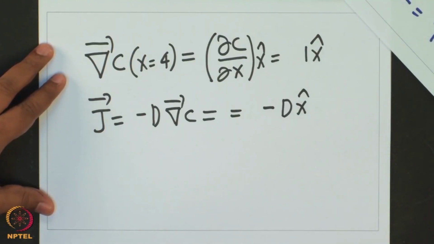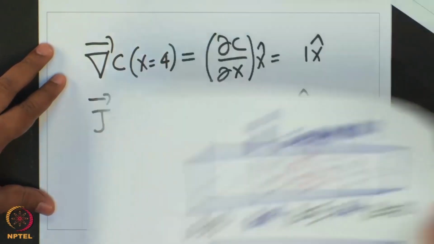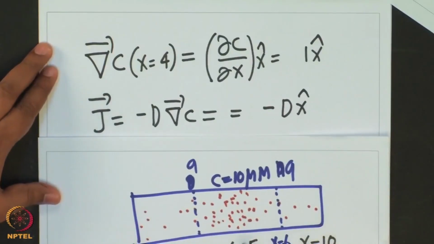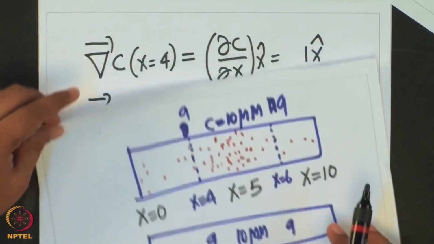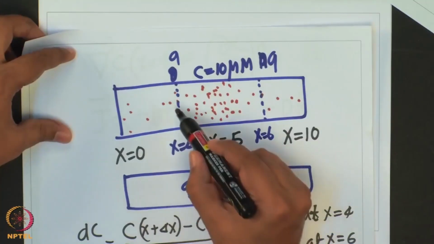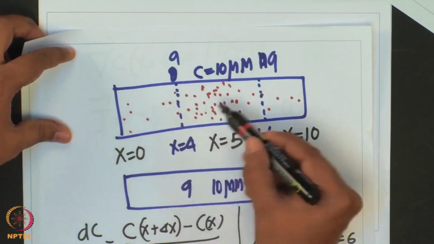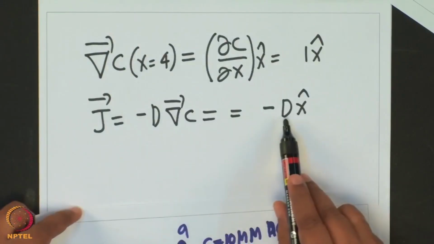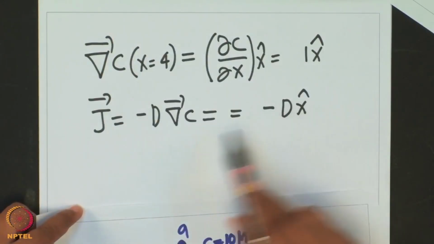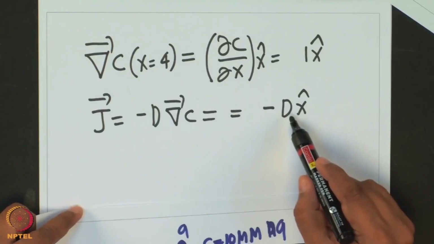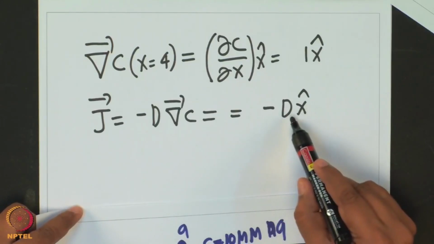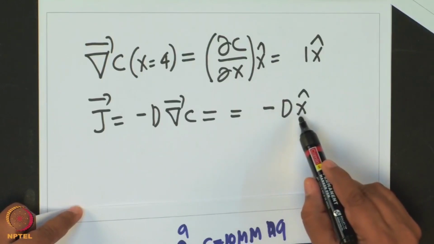So at x equal to 4, the flow has to be in this direction. It has to be along the minus x direction. And D is a constant, and the flow at x equal to 4, J, is minus D x cap. Minus D is the quantity, x cap is the direction.